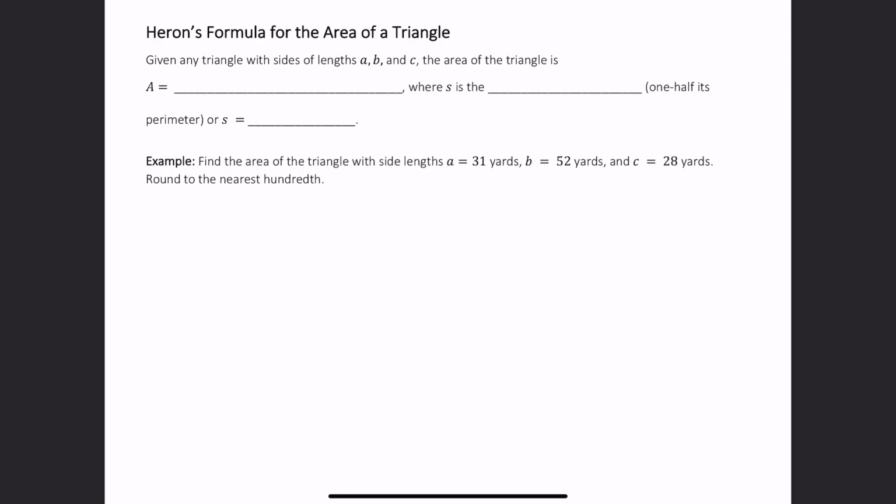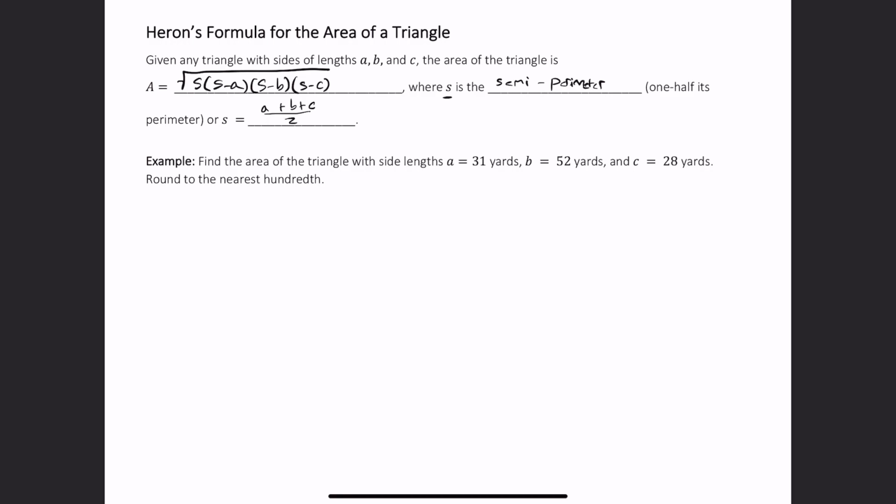So given any triangle with side lengths A, B, C, the area of the triangle is A equals the square root of S times S minus A, S minus B times S minus C, where S here is the semi-perimeter, 1/2 its perimeter. This is how you find the semi-perimeter: you add up all the sides and divide by 2.